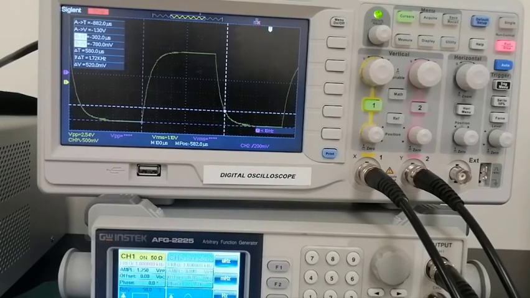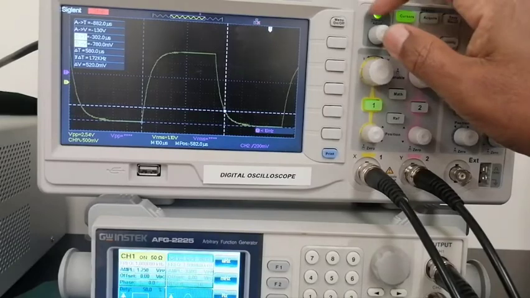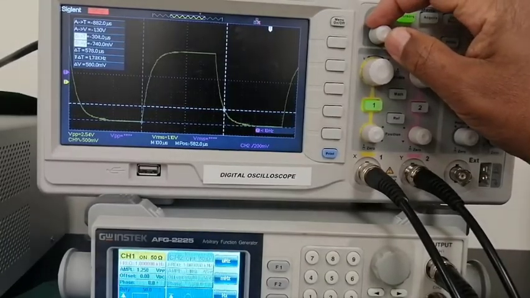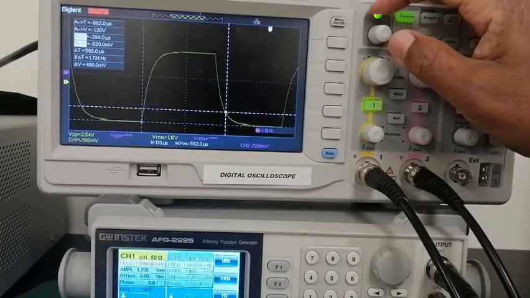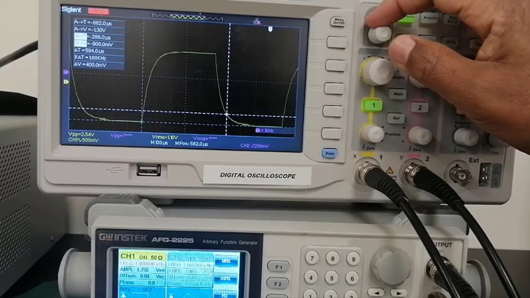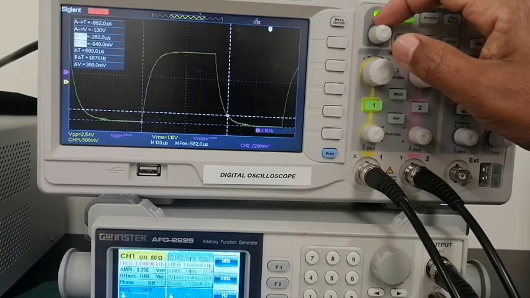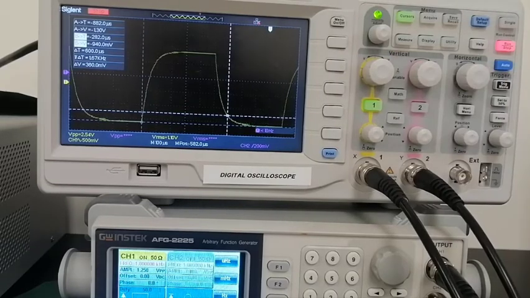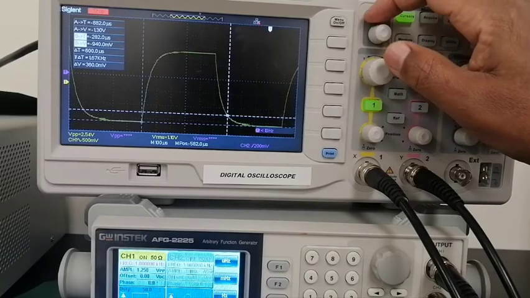At 580 microseconds, VC across the capacitor is 520 millivolts. If we go more, to 600 microseconds, the capacitor shows 360 millivolts.